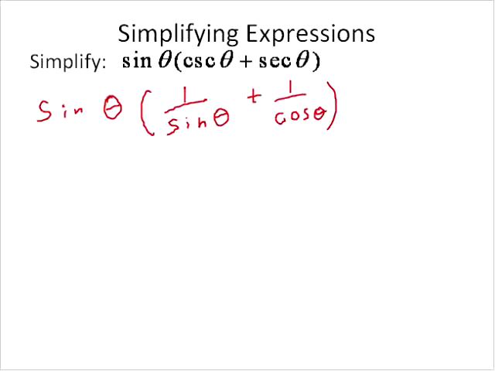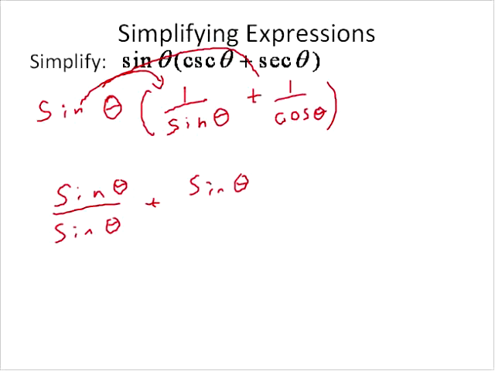If I multiply through, I'm going to multiply the sine times each one of these, sine times 1 over sine and sine times 1 over cosine, I'm going to get sine theta over sine theta plus sine theta over cosine theta. Well, sine over sine, that's just a 1.